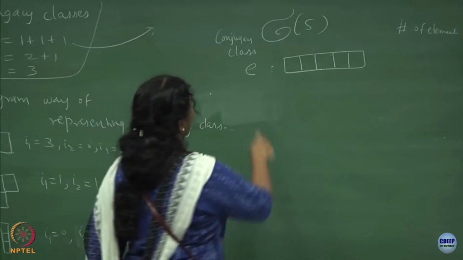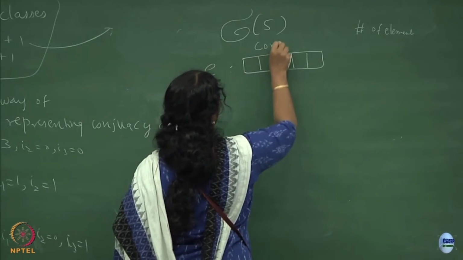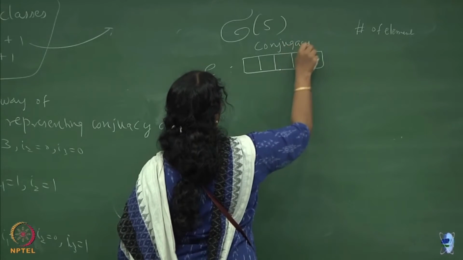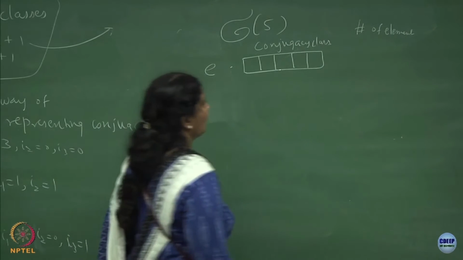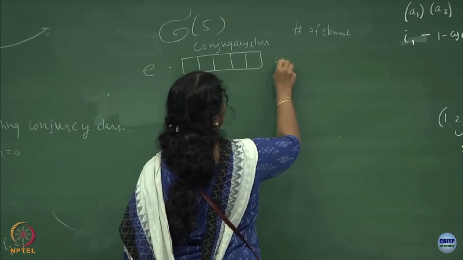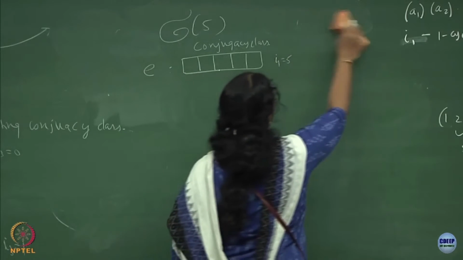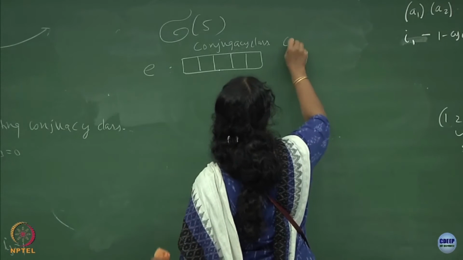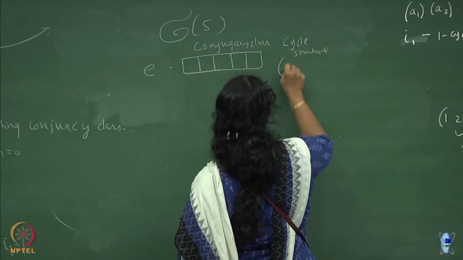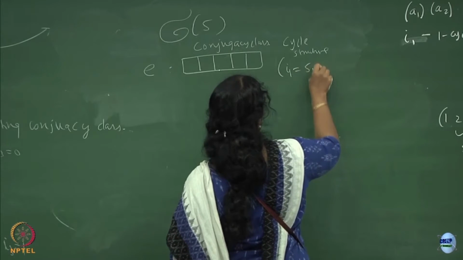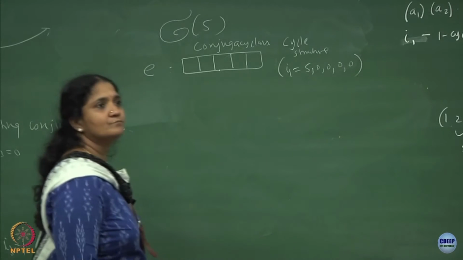I do not even need to put it on the board, so let me write it here. So, cycle structure is I1 is 5, rest are all 0. So, let me write the cycle structure also. Okay.